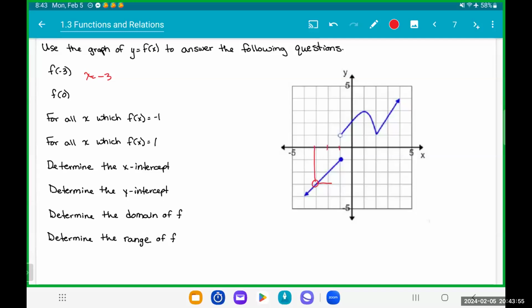What is my y value here? That's 1, 2, -3. So this solution would be -3, because I go find -3 for x and see what my y value is. Similarly, if I look at 0, here's 0 and here's this point. So when x is 0, my y is equal to 2.